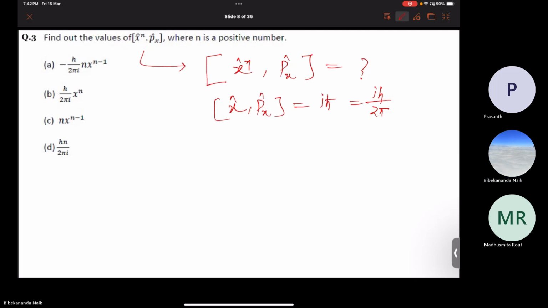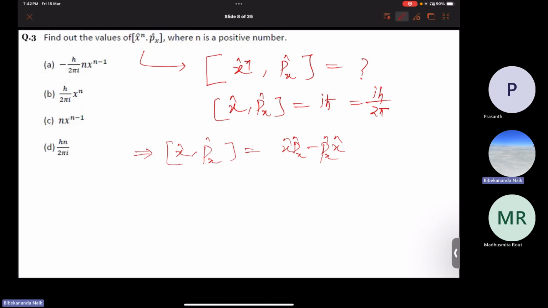Now, by commutator, we mean, suppose the commutator of x cap and p cap is given. It is basically x cap px cap minus px cap x cap.